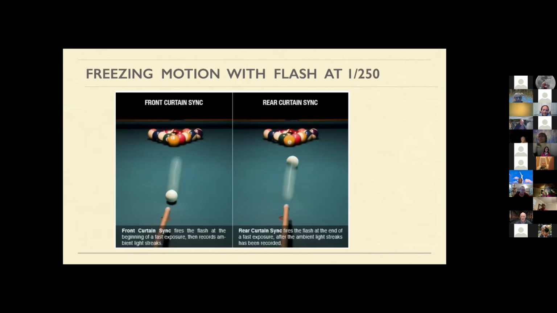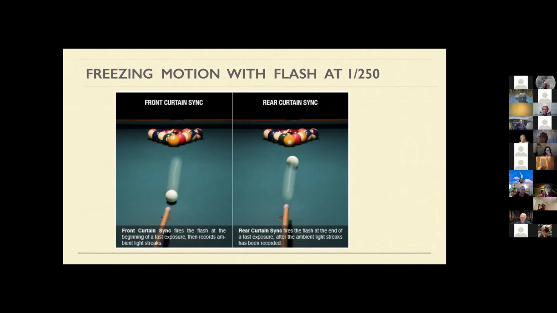Another way of using flash photography to our benefit is taking advantage of something called front curtain sync or rear curtain sync. In front curtain sync, the flash goes off at the beginning when the front curtain is down, and in that situation, you illuminate the subject before the action happens.